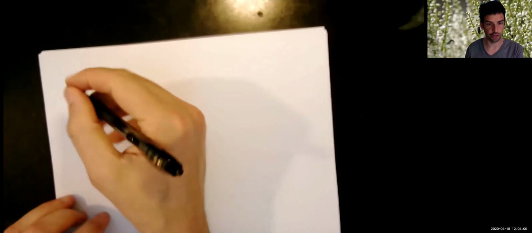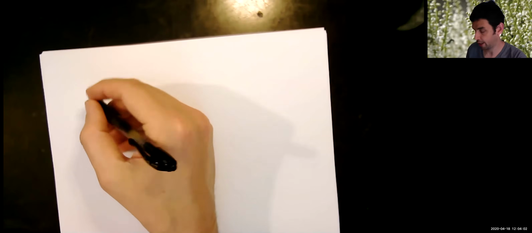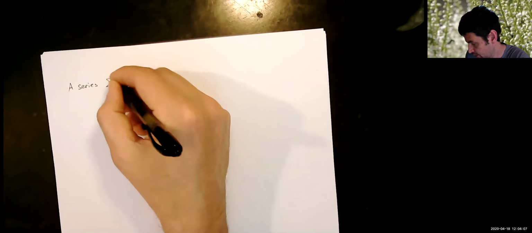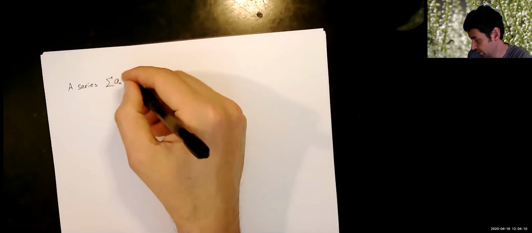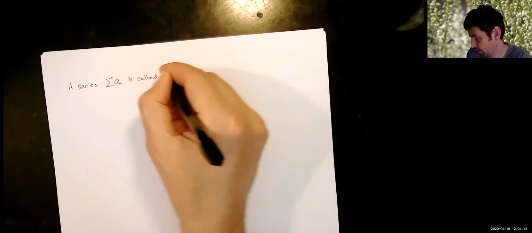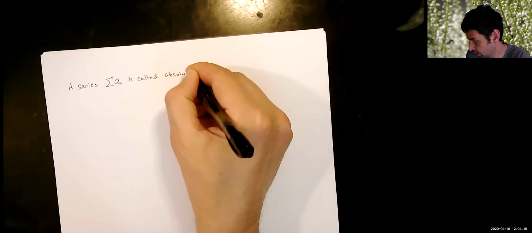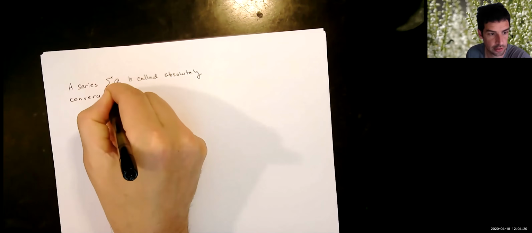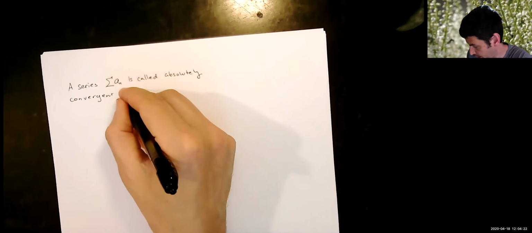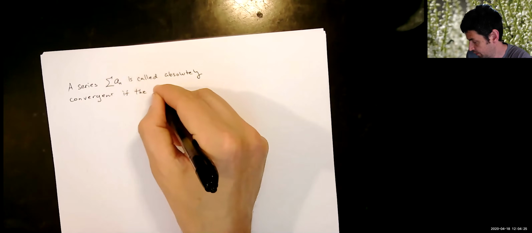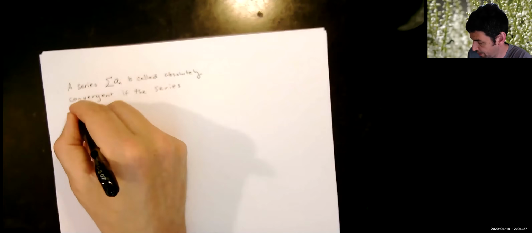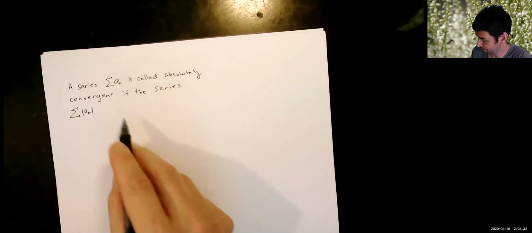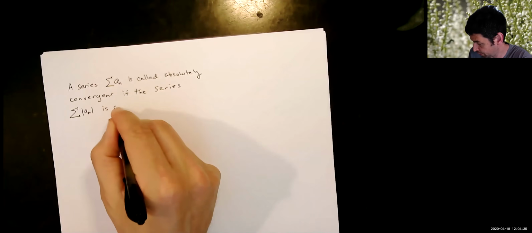So first, the definition. We will say a series, the sum over a sub n, is called absolutely convergent if the series made by the absolute value of its terms is convergent.